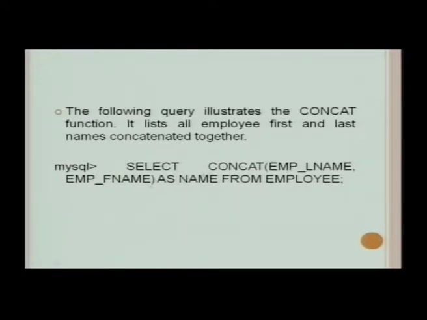Both strings are placed here, as name. The column to print as the full name is name from employee. So, it displays the complete names of all the employees, with the first name and last name concatenated together.